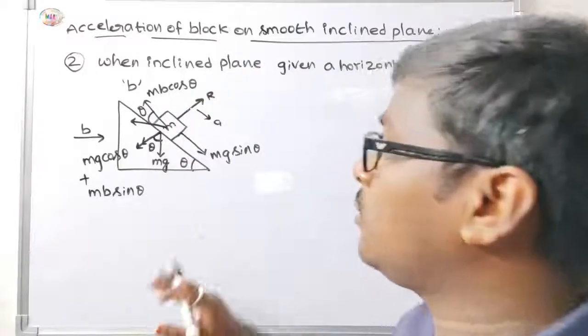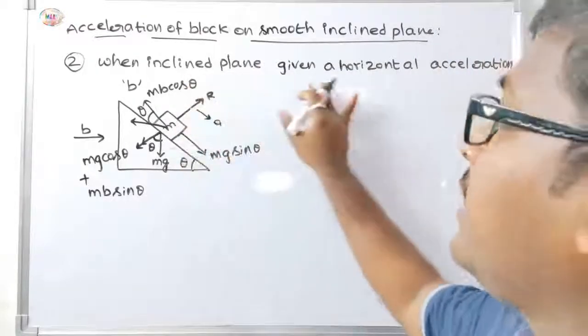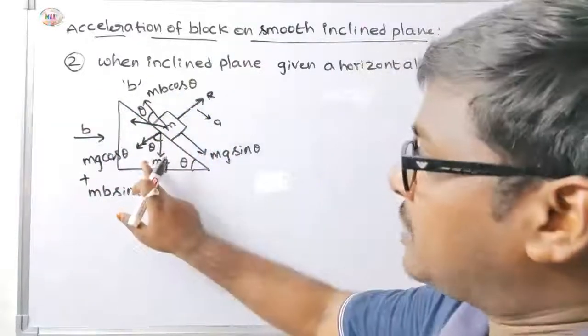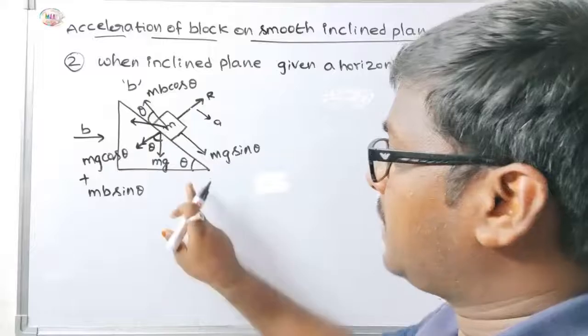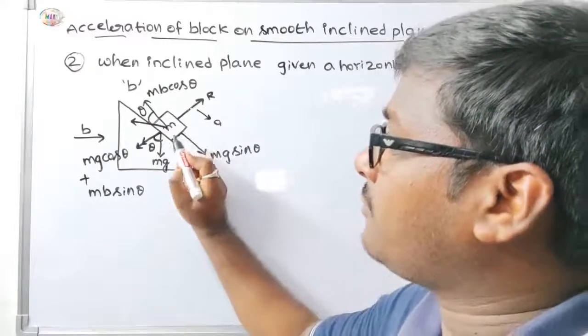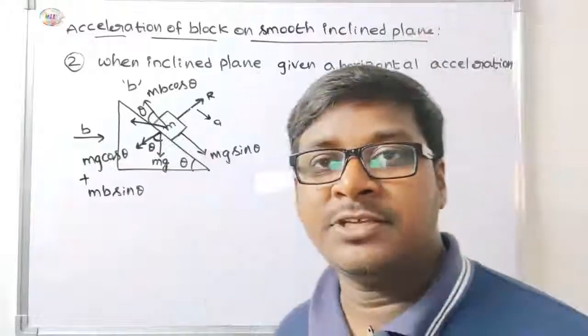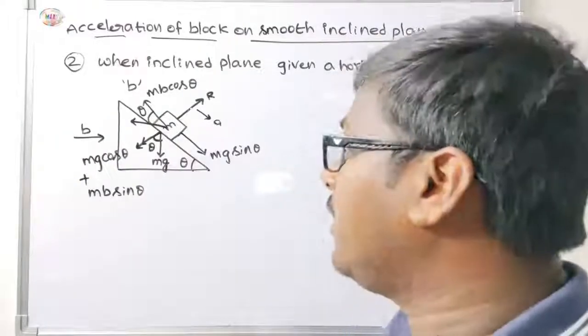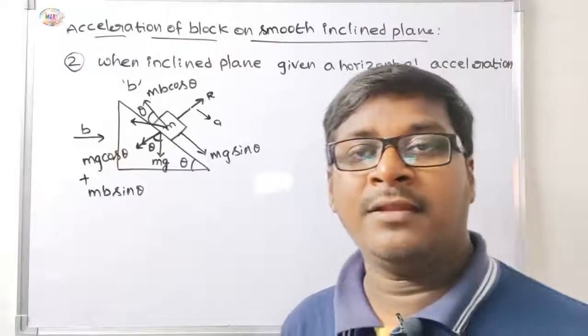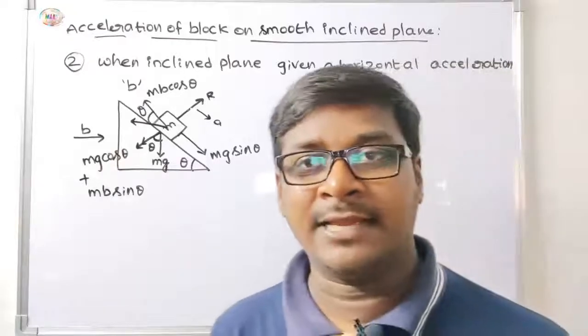Students, don't get confused here. When an inclined plane is given a horizontal acceleration b, first draw the inclined plane making an angle theta. A block of mass m lies on the inclined plane, so two forces are acting.